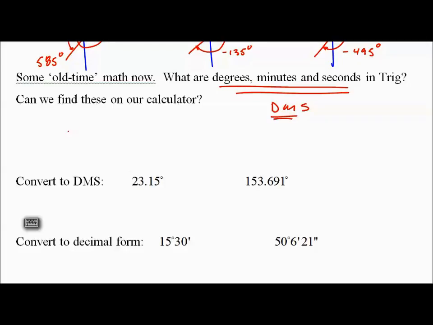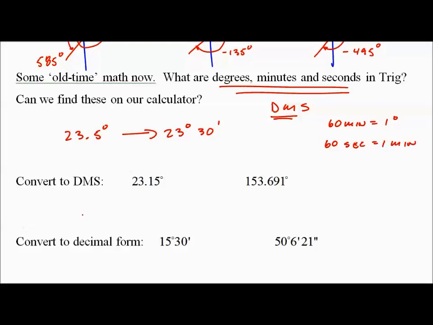And instead of saying 23.5 degrees, we would write that as 23 degrees and 30 minutes. You might be wondering what just happened. There's 60 minutes in an hour. There's also 60 minutes in a degree. And 60 seconds still equals 1 minute.